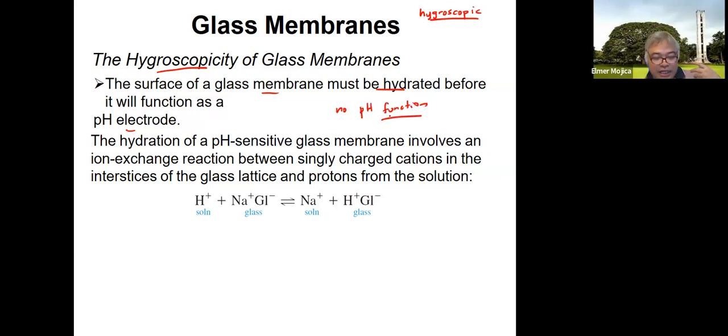So even hygroscopic glasses lose their pH sensitivity after dehydration by storage over a desiccant. So what is the main rule when you have a pH meter or a pH electrode? Most of the time, it should be stored in a solution.